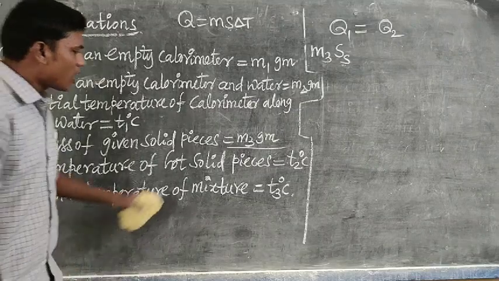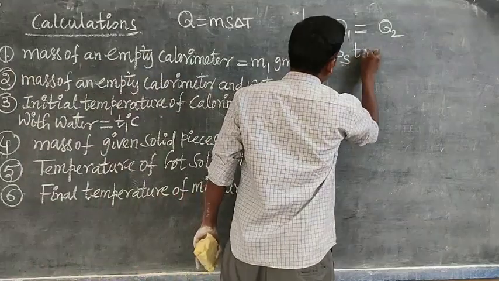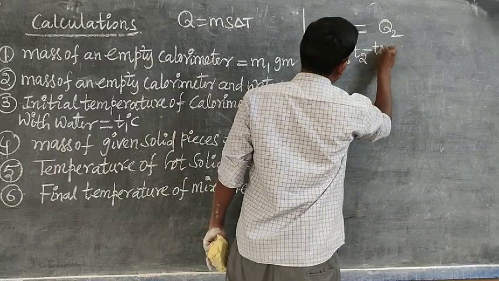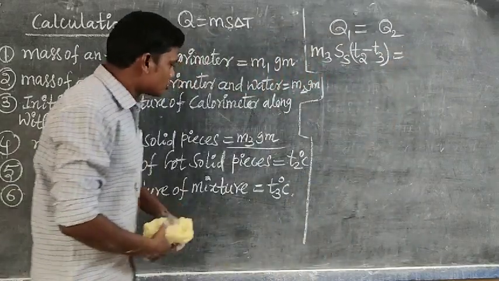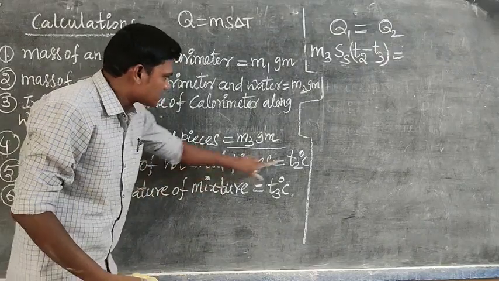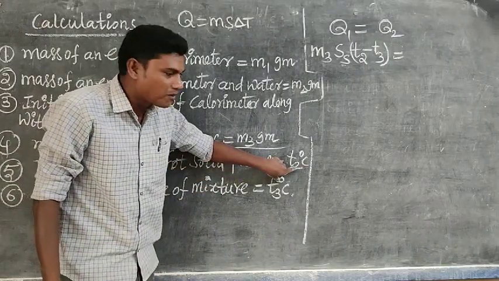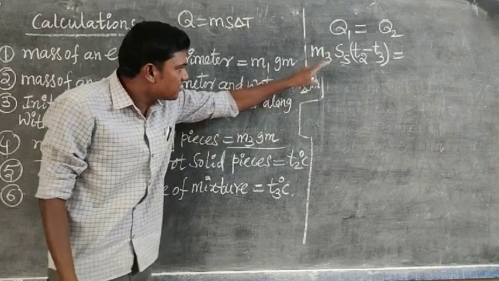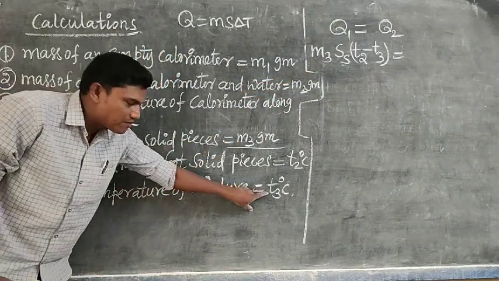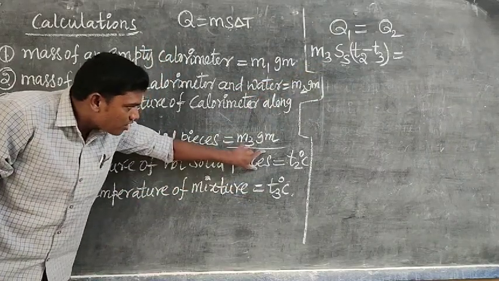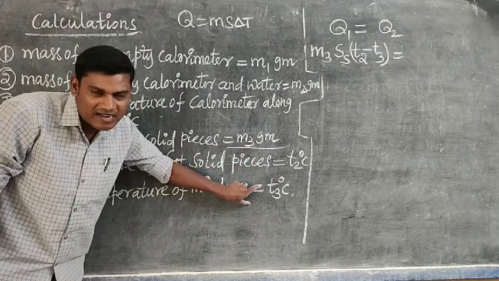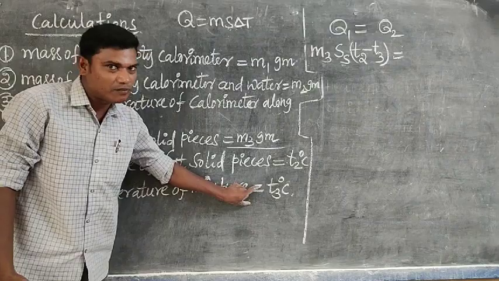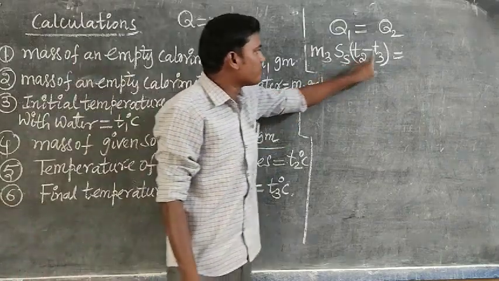That's why, for the solid pieces you can write T2 minus T3. Listen, T2 is the hot solid pieces temperature and T3 represents the final temperature. That's why the hot solid pieces temperature is always more than the final temperature. That was already explained in the past class videos. That's why T2 minus T3.